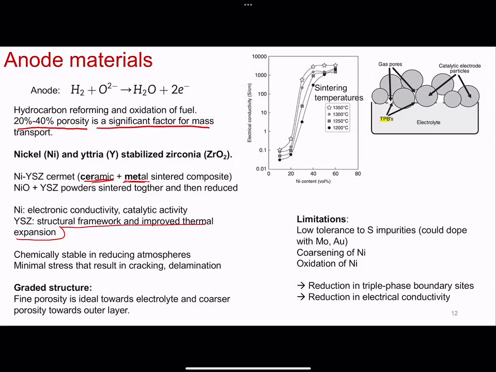So the attractive part about using yttria stabilized zirconia as part of your anode material structure is that when you mix nickel YSZ with the YSZ electrolyte itself, and you increase the temperature to 600, 800 C, the two materials are so similar that the thermal expansion differential is not going to be a significant factor in the degradation of your fuel cell itself.